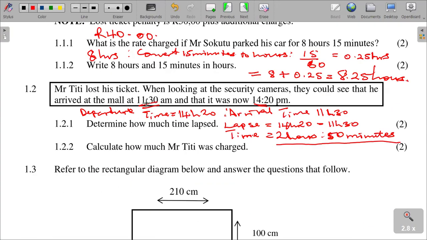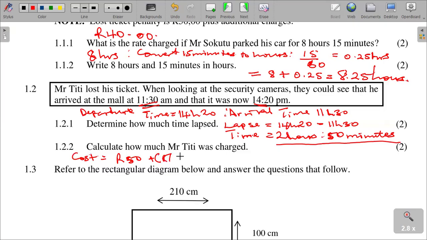The cost for Miss TT is equal to the 50 rand, plus 7 rand times 3 hours.